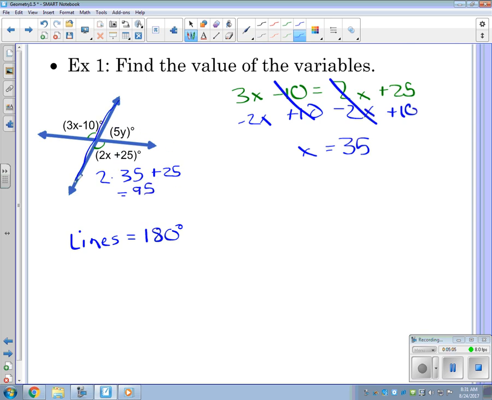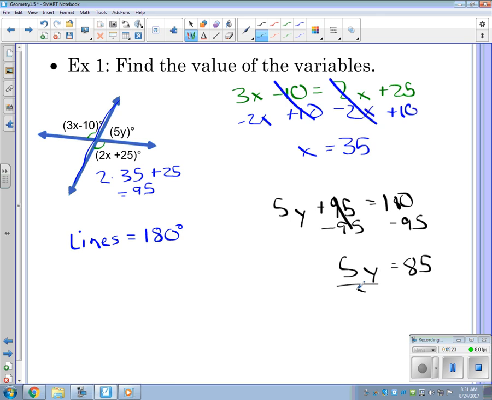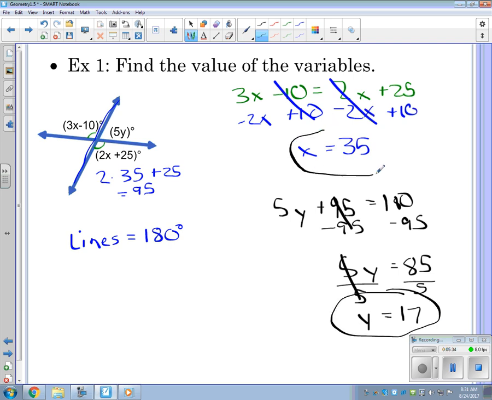They make that line. So I could set up 5y plus 95 equals 180, because together they make a line. Subtract the 95 over, get that 5y equals 85, divide by 5, so then we know that y equals 17. And then there's our two answers. We have y, and we have x.